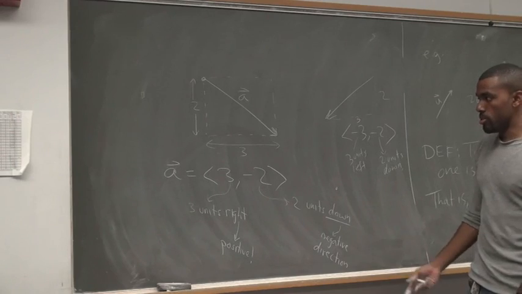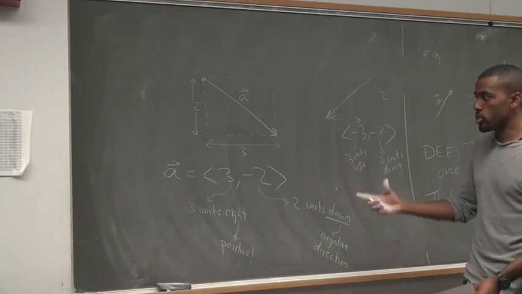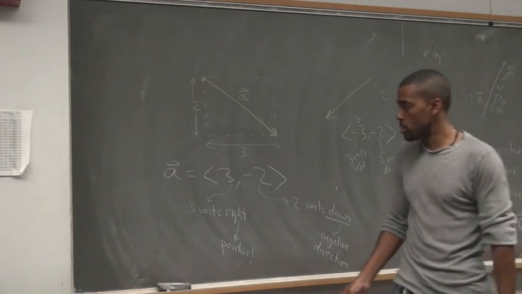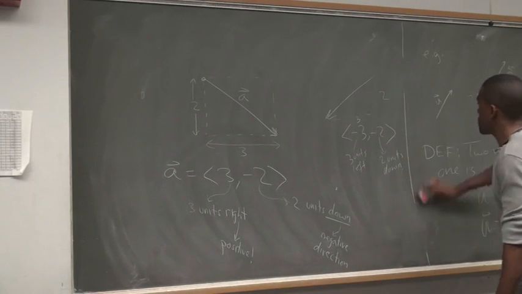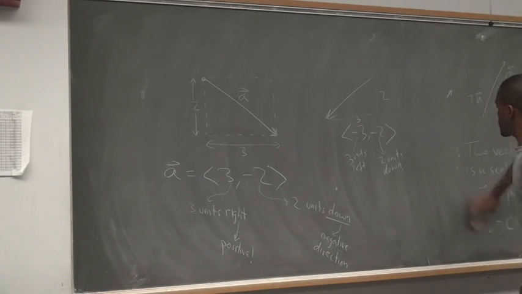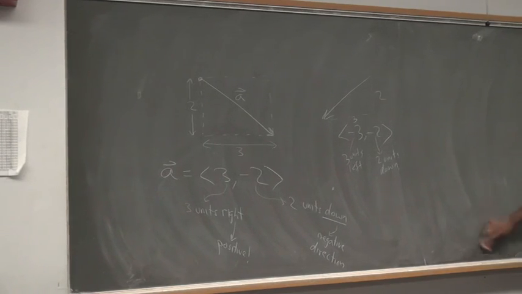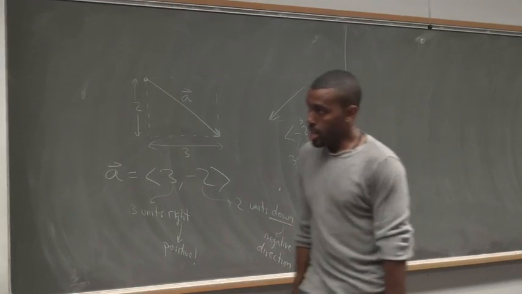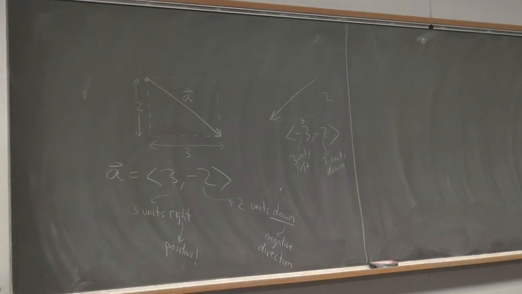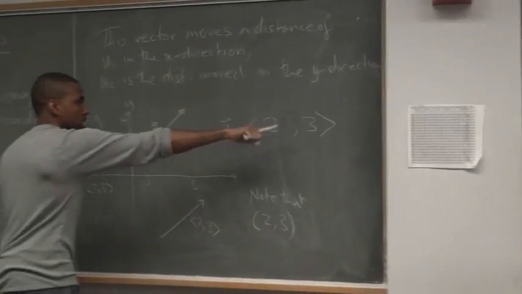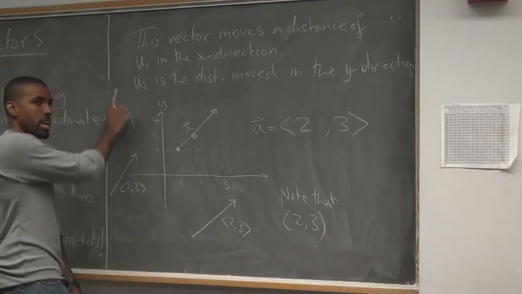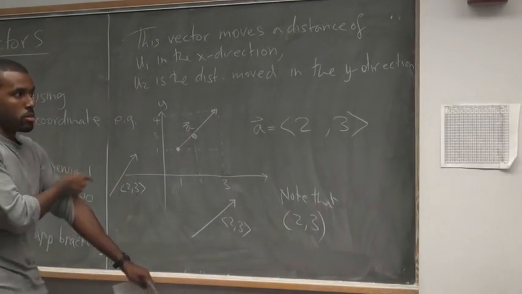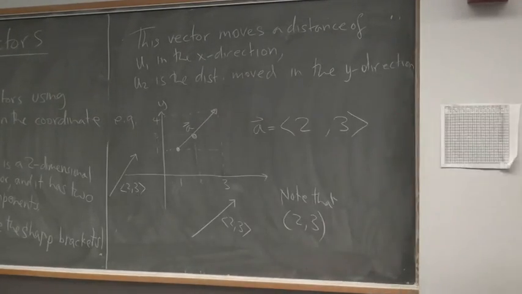We can represent the vector using these numbers, and you can have a picture of how that looks. Again, it doesn't have to be at a fixed point. You can have that same vector that moves these distances anywhere in the plane you want. Vectors don't have to be fixed at a particular location.